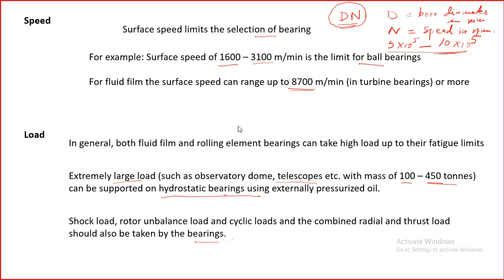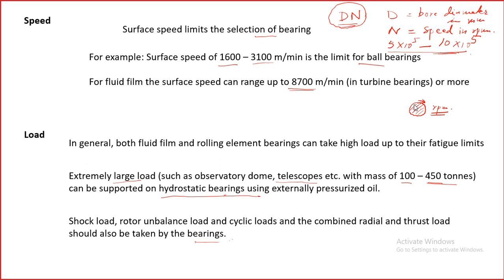So it can be the surface speed, that means if the shaft is rotating at some RPM, there will be some surface speed. Yes, so this surface speed we can calculate based on the RPM. That will be the surface speed we need to know to decide about ball bearing, or whether we should go for fluid film bearings.